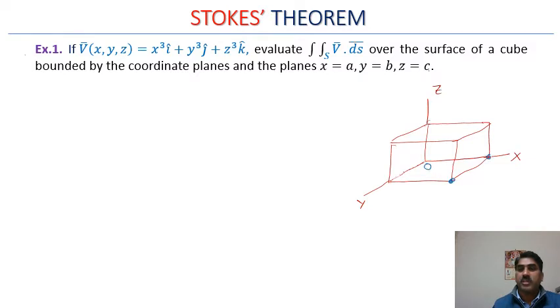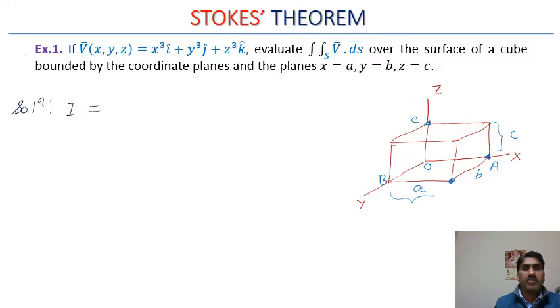Suppose this is A, so OA has length a, and if this is B, then OB has length b, and if this point is C, then OC has length c. So this is a box type structure, and you have to integrate the given vector on this. So let us start.